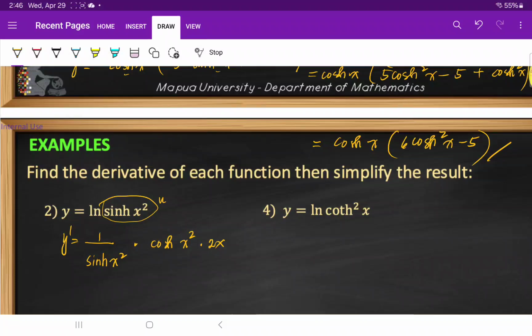So therefore, if we simplify, hyperbolic cosine over hyperbolic sine is hyperbolic cotangent of x squared times 2x.